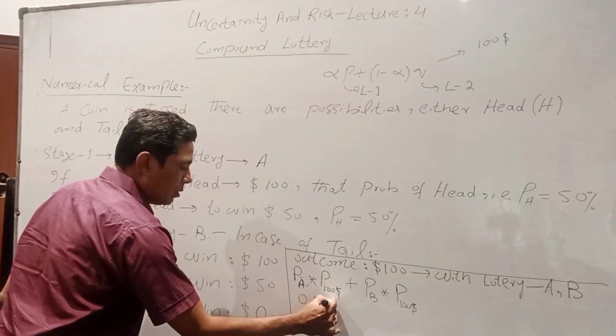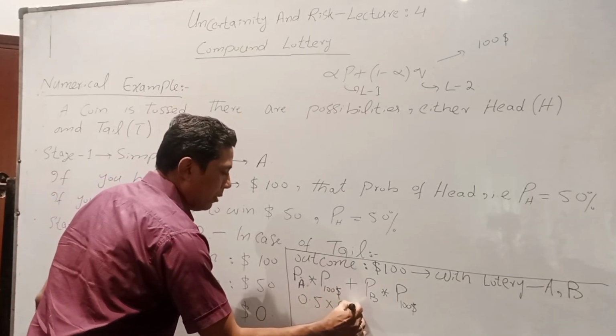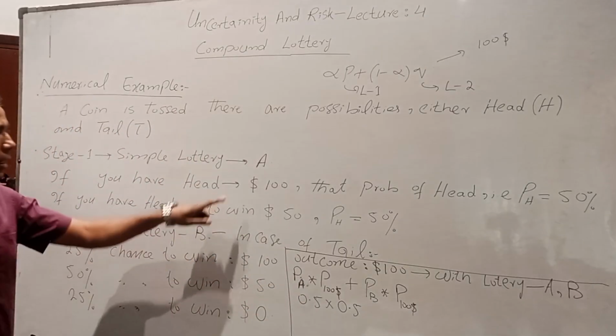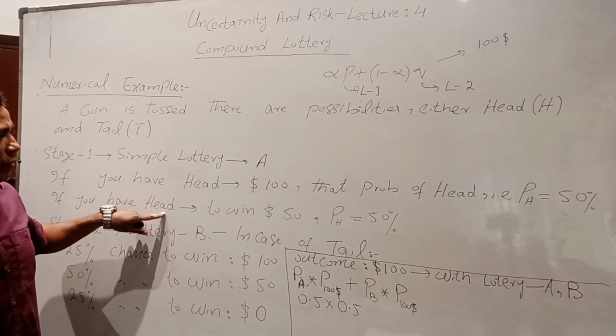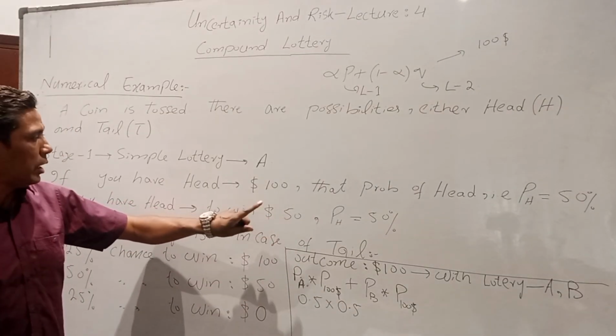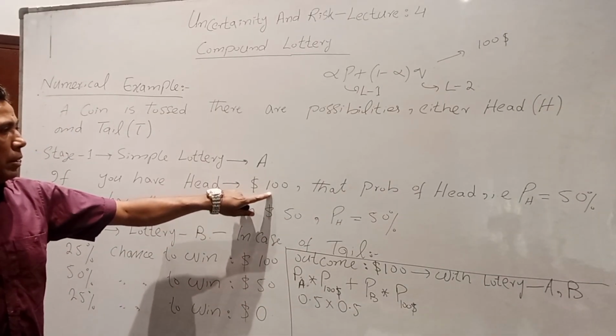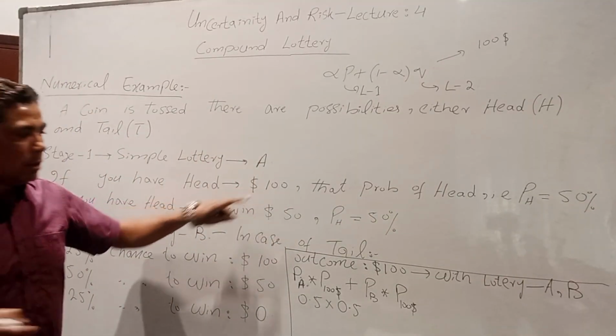0.5 multiplied by what? The probability is 0.5 in case of lottery A. If you play A, there is a 50% probability of heads and you win $100. Clear?